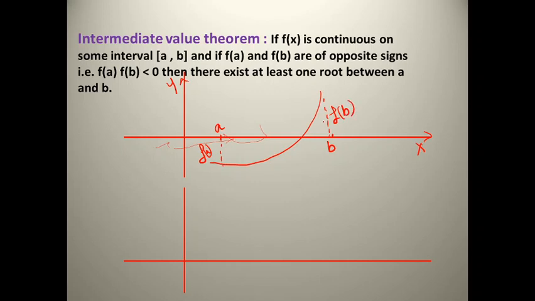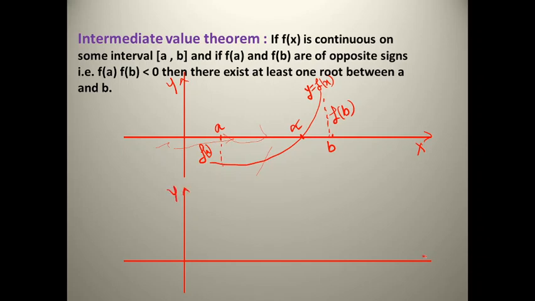So f of B and f of A are of opposite sign. According to this intermediate value theorem, there exists at least one root. You can see the curve y is equal to f of x intersects at this point. Therefore between the points A and B there exists at least one root. So here we have one root. Now at least means there may be more than one also if it satisfies such criteria.